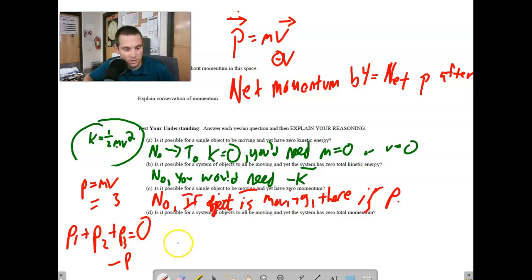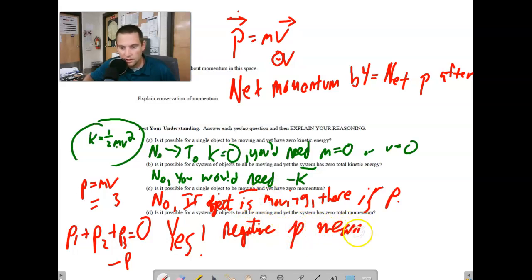Can we have negative momentum? Yes. Of course we can have negative momentum. Negative momentum means a negative velocity.